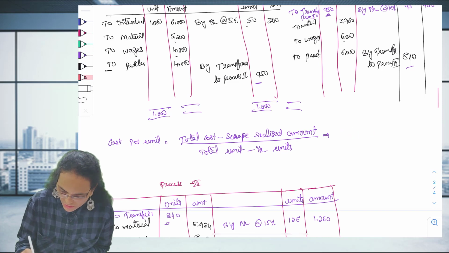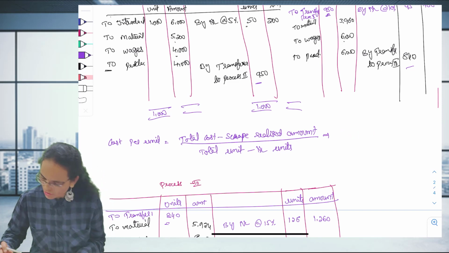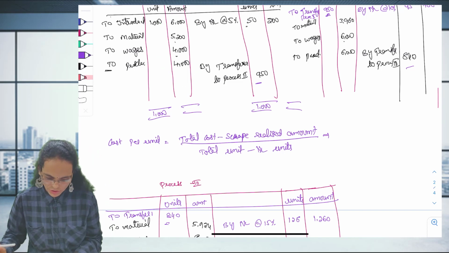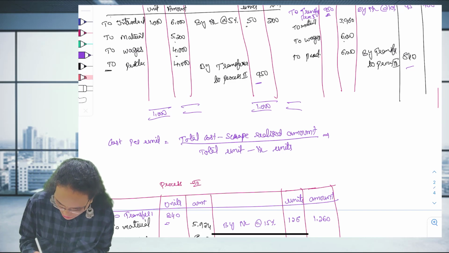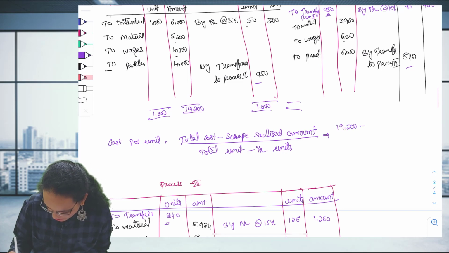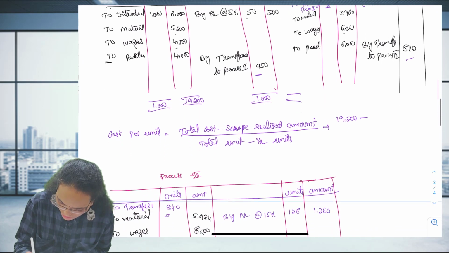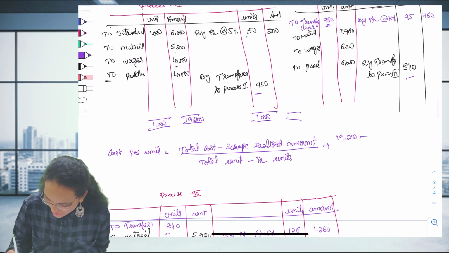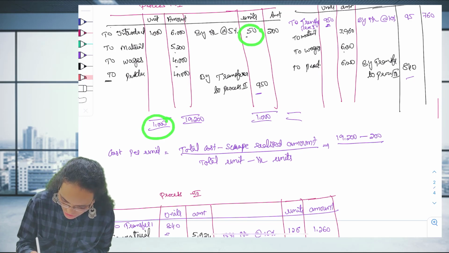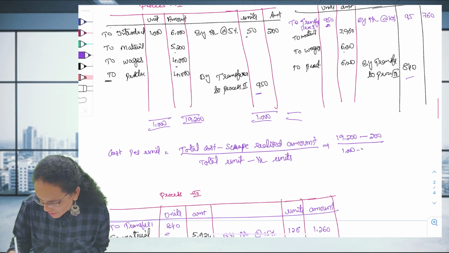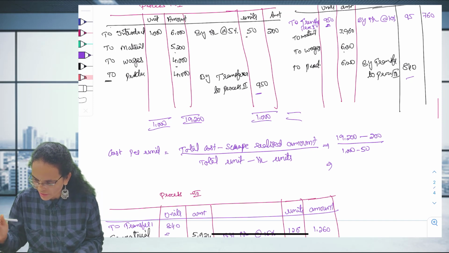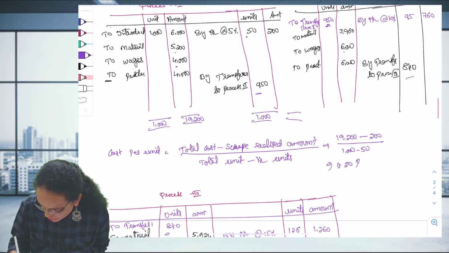Sorry, not the unit first. First, total cost. Total cost is this one. 6000 plus 5200 plus 4000 plus 4000, that is 19,200 rupees is the total cost. 19,200 minus scrap value 200, divided by total units 1000 minus normal loss units 50. 19,200 minus 200 divided by 950, that is 20 rupees per unit cost.